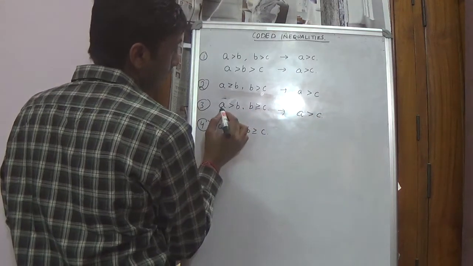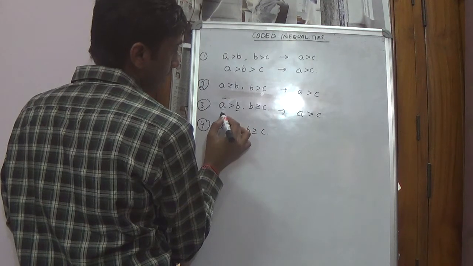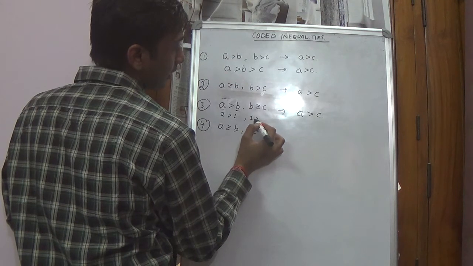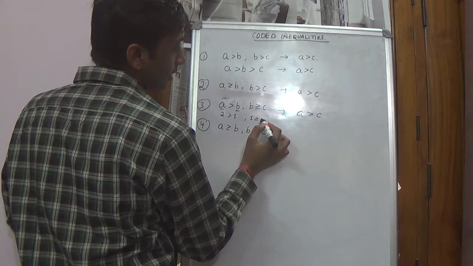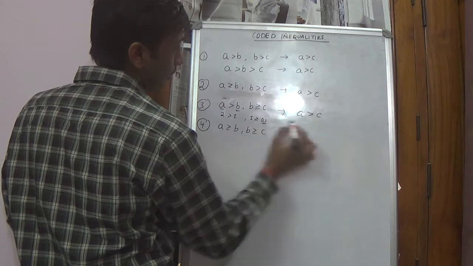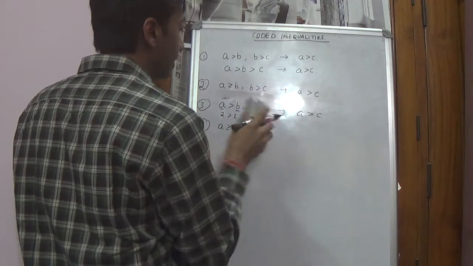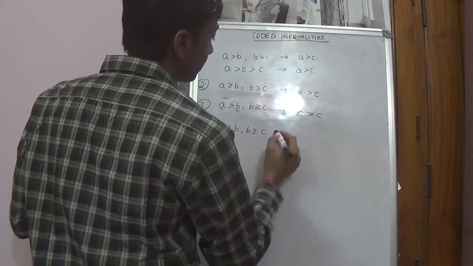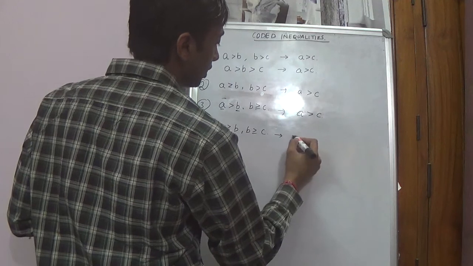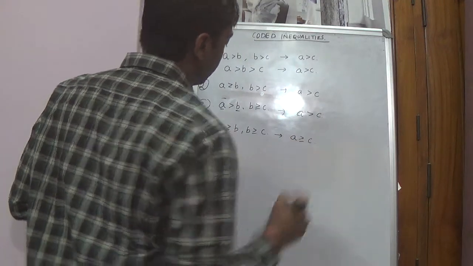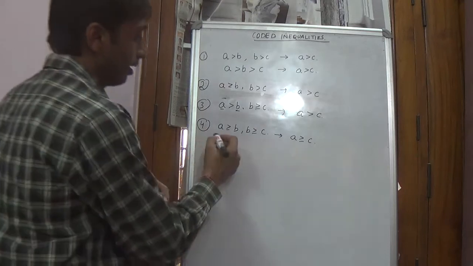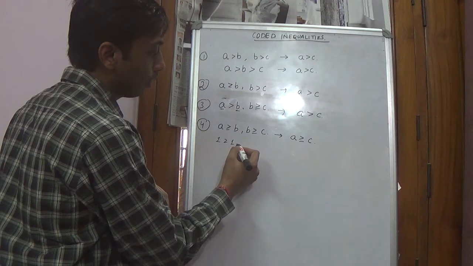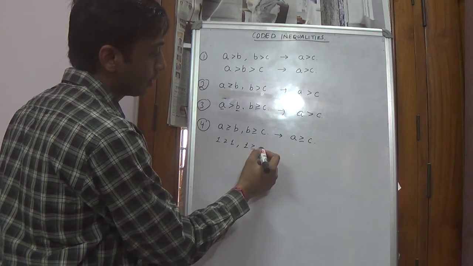Let us see. If A is greater than B, say A is 2, B is 1, then B is greater than equal to C, so C could be either 0 or 1. So this 2 would always be greater than this 1. Next case, A is greater than equal to B and B is greater than equal to C. Then A is greater than equal to C. Say A is 1, then B can be equal to this, so it could also be 1, and then C could also be 1.